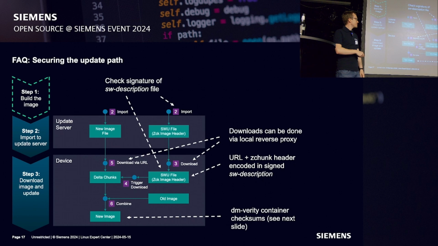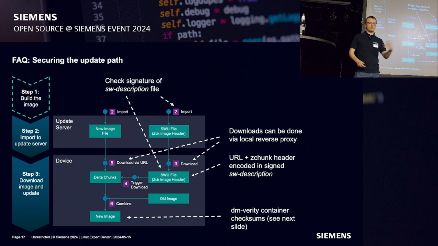So even if something for whatever reason would go wrong here, you still can't come up with a valid but tampered image, as then the dm-verity checksum wouldn't match anymore, and by that you cannot mount it, and you would just fall back to the old one. For the RDiff-based workflows, we don't have to talk about that at all, as the path is exactly the same as with the full image update.